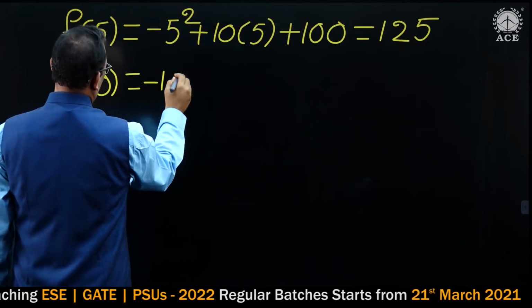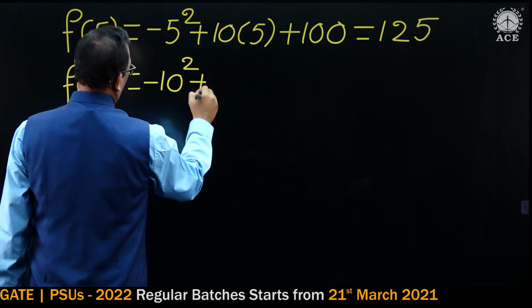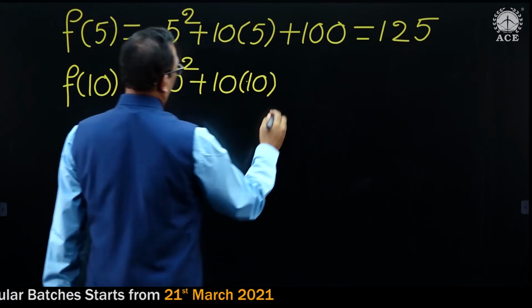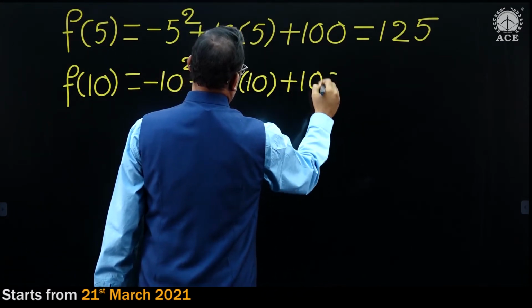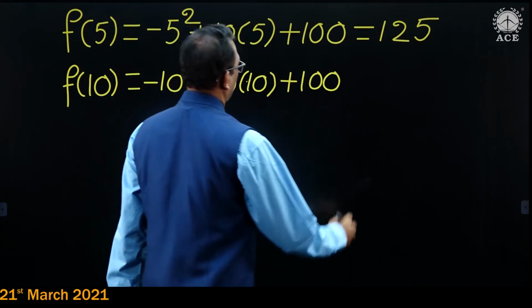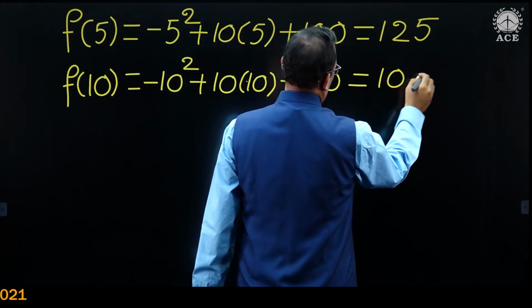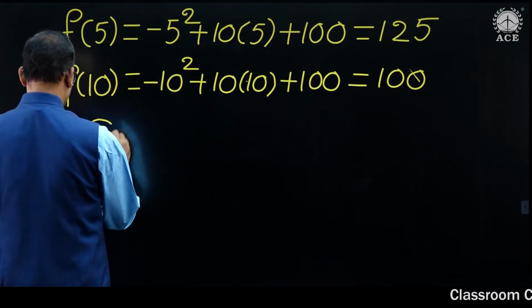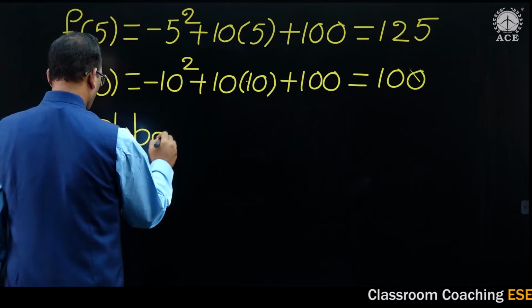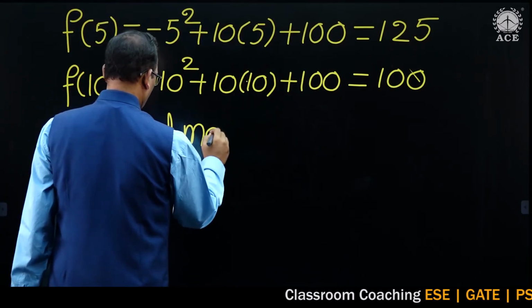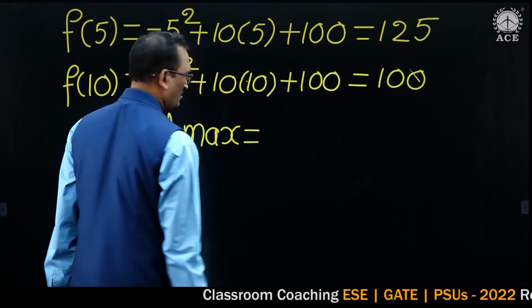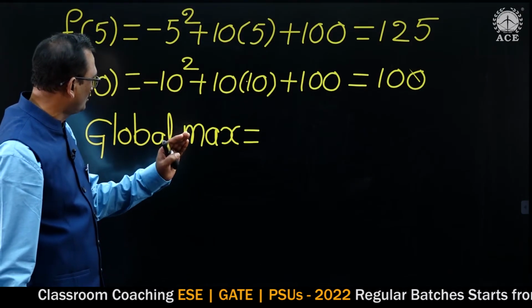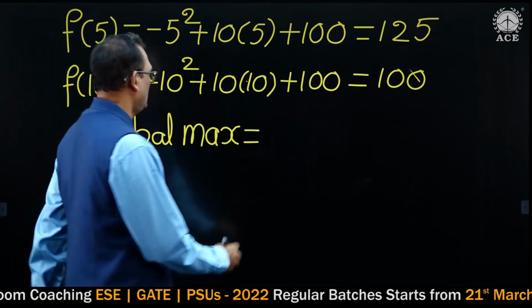F of 10 is equal to minus 10 square plus 10 into 10 plus 100. So answer 100. Now global maximum or absolute maximum is equal to, actually we were asked to find minimum value only. Let us write both global maximum and global minimum.